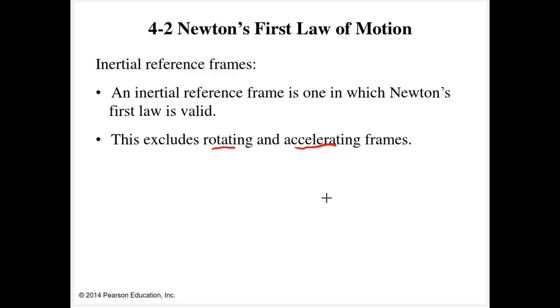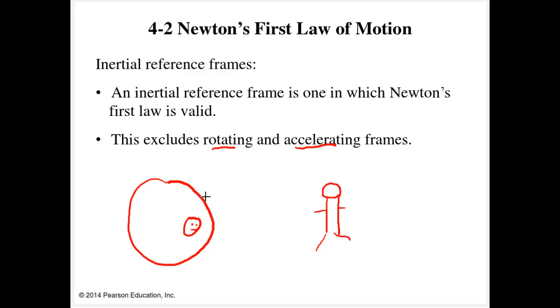And if you think about it, if you're looking at somebody on a playground and you're standing on the merry-go-round and you're going around and around, your velocity is always changing. At this point your velocity is in that direction, at this point your velocity is in that direction, and so on. So you are accelerating, your velocity vector is changing.